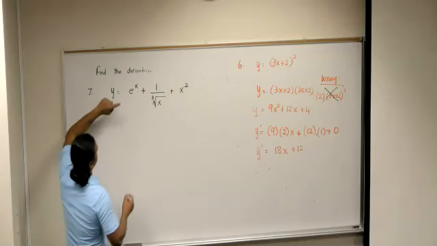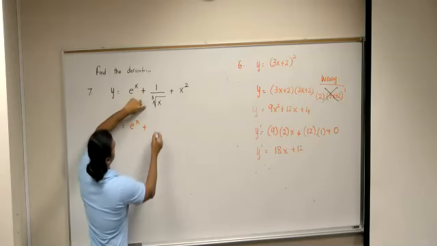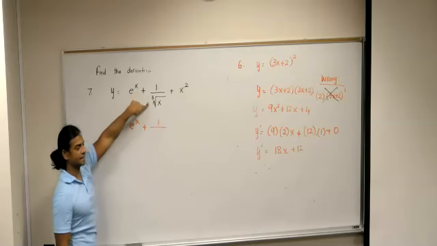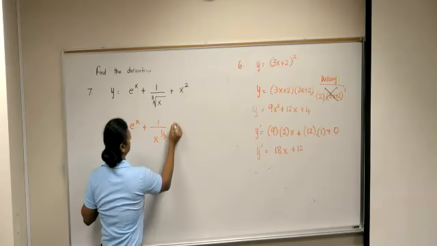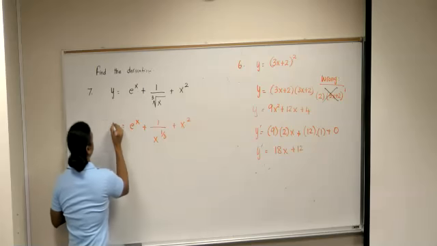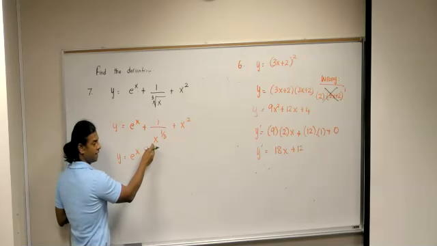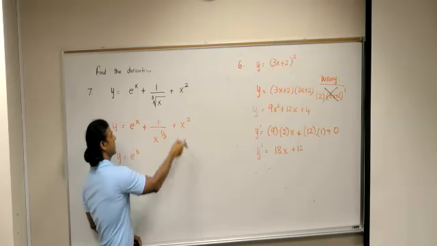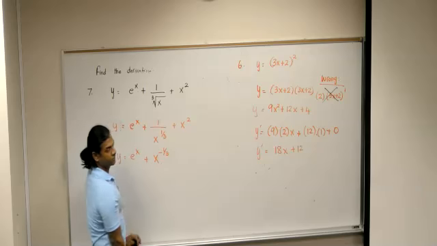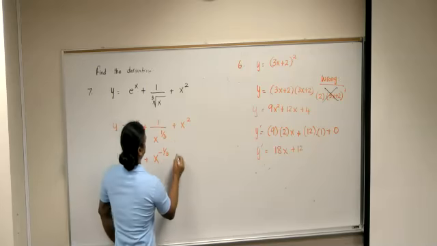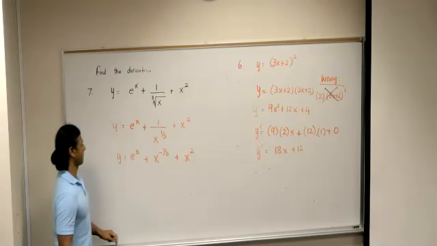Okay, so this part we can leave as e raised to x. Denominator, that's the third root of x, which simply means x raised to 1/3, plus x squared. And you can move x raised to 1/3 from the denominator to the numerator, x raised to negative 1/3, plus x squared.